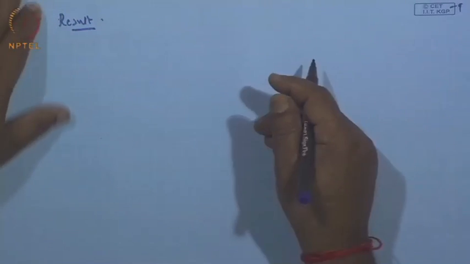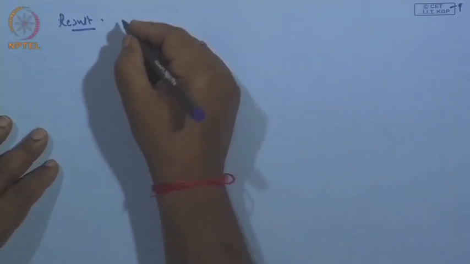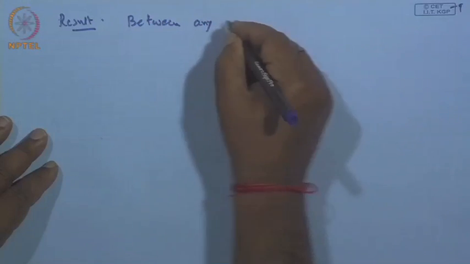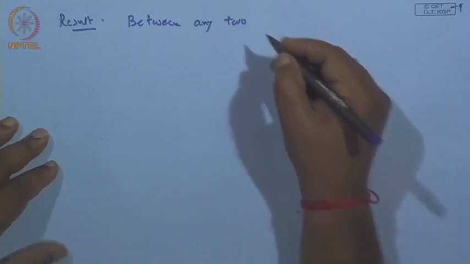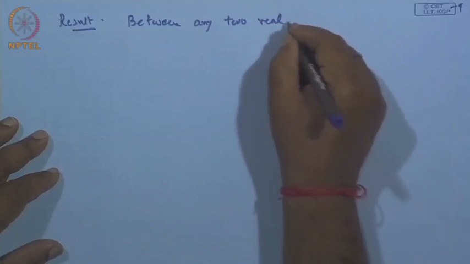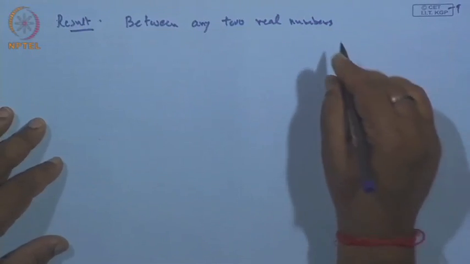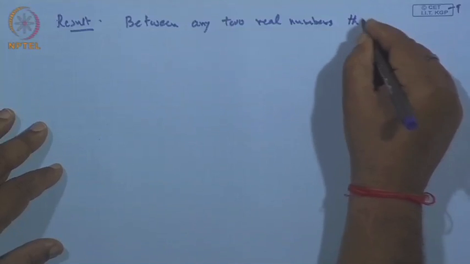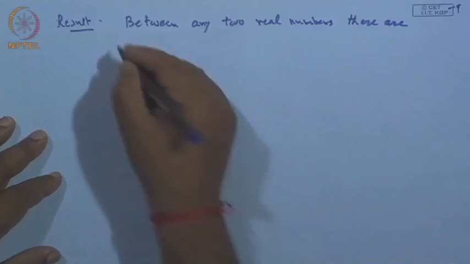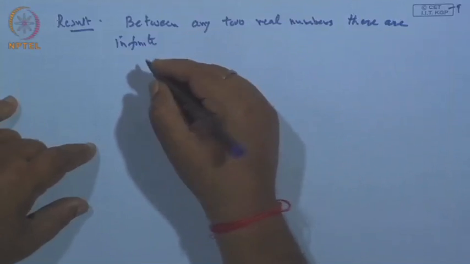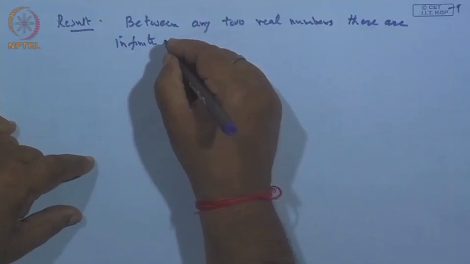The result is: between any two real numbers, there are infinite rational numbers.